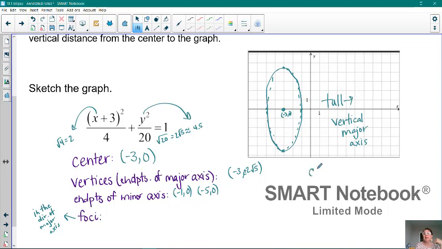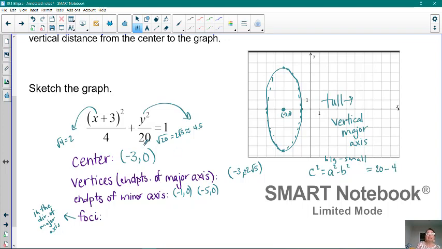So the foci are C away, and remember C squared is equal to A squared minus B squared. I asked you to remember that it's just the big one minus the small one. So smaller, bigger, smaller. The bigger one is 20. The smaller one is 4.